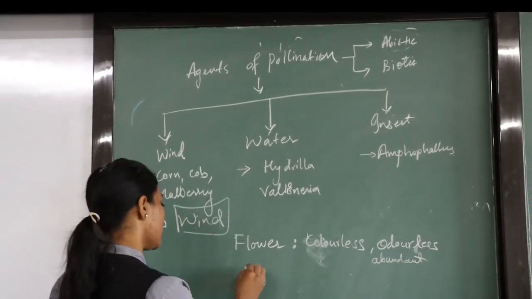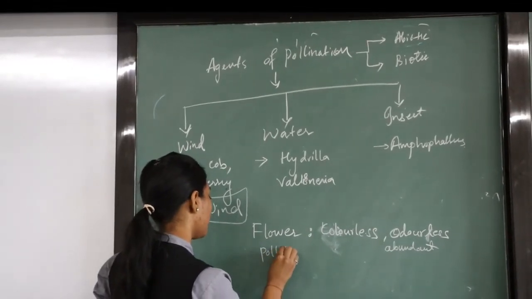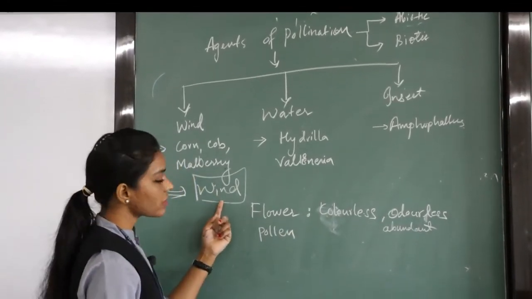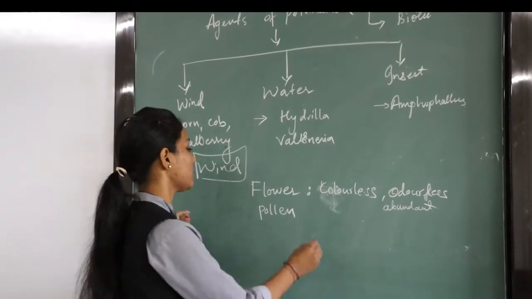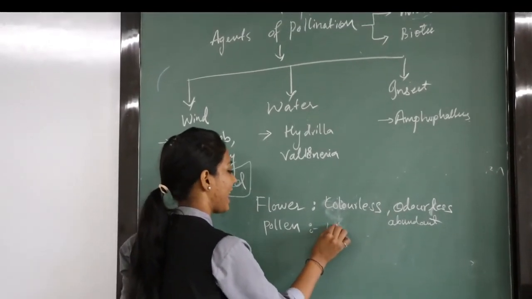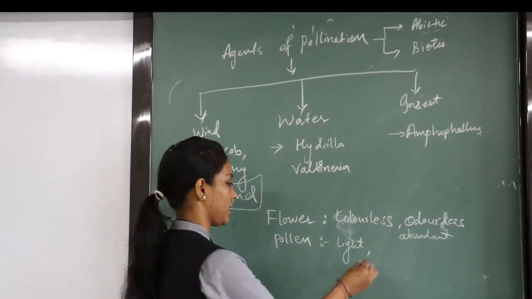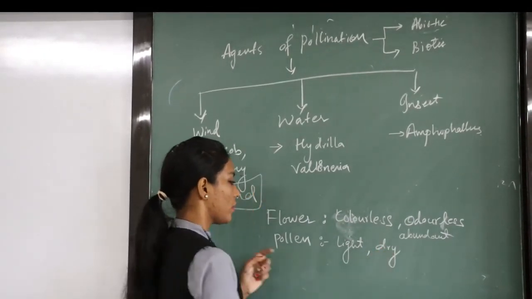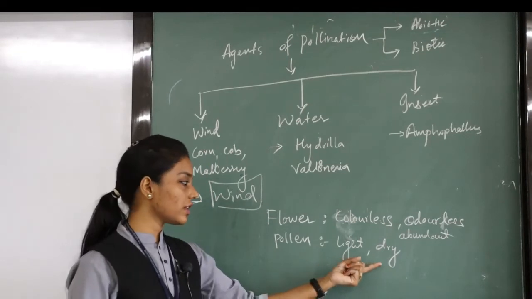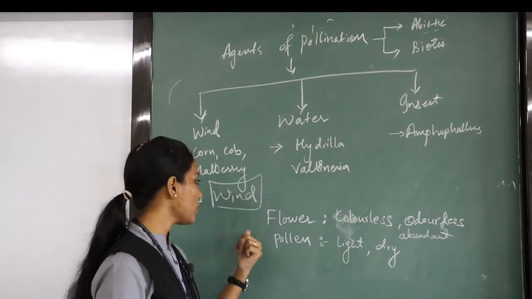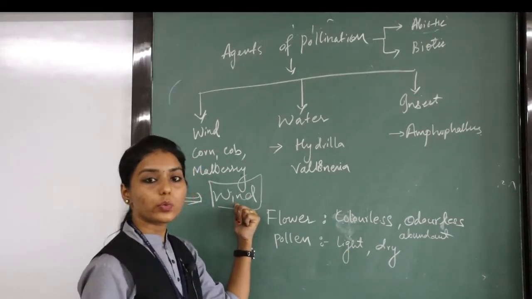Next is regarding pollen. The pollen of flowers which use wind as a pollinating agent are light in weight as well as dry. When the pollen is light and dry, it is easier for it to be pollinated with the help of wind.